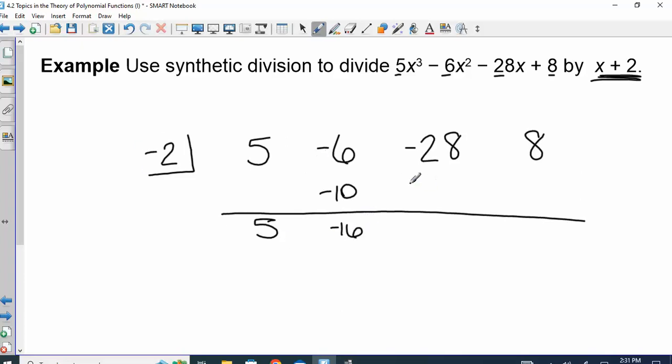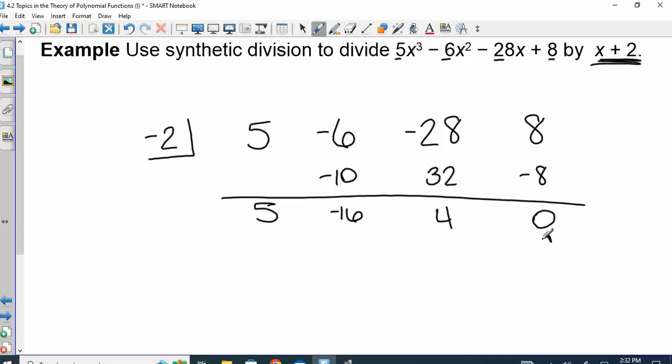Multiply. Negative 2 times negative 16, 32. Negative 28 plus 32, positive 4. Okay, multiply 4 times negative 2, negative 8.